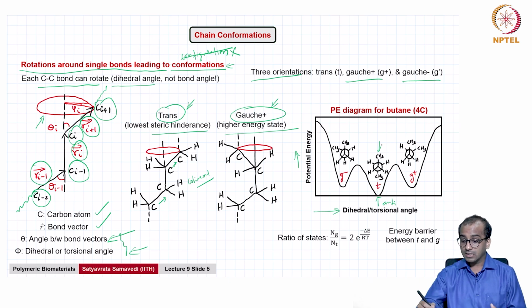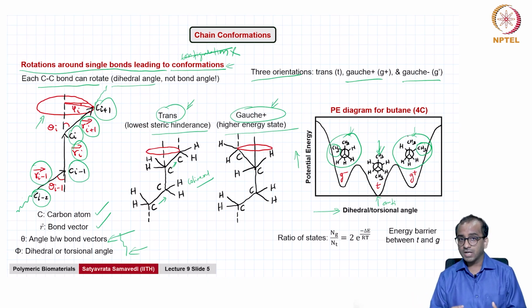Now, compare that with the two gauche states. If I rotate this bond 120 degrees this way or that way, you can see that CH3 has moved this way or that way, and compared to the trans state, this will have a slightly higher energy because of slightly higher steric hindrance due to the position of the atoms along the carbons.